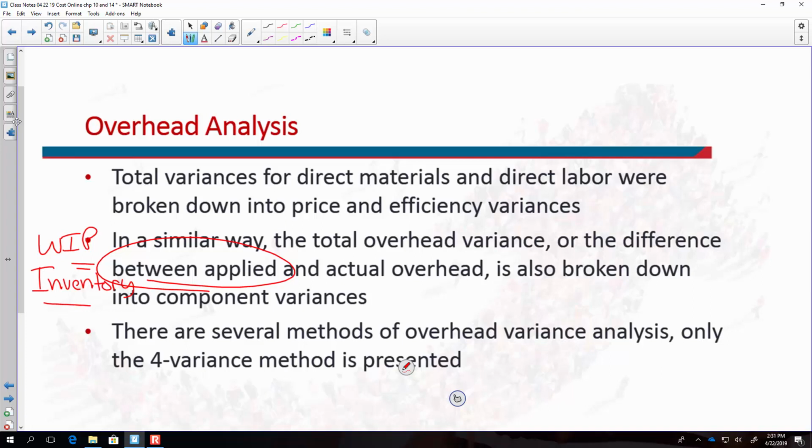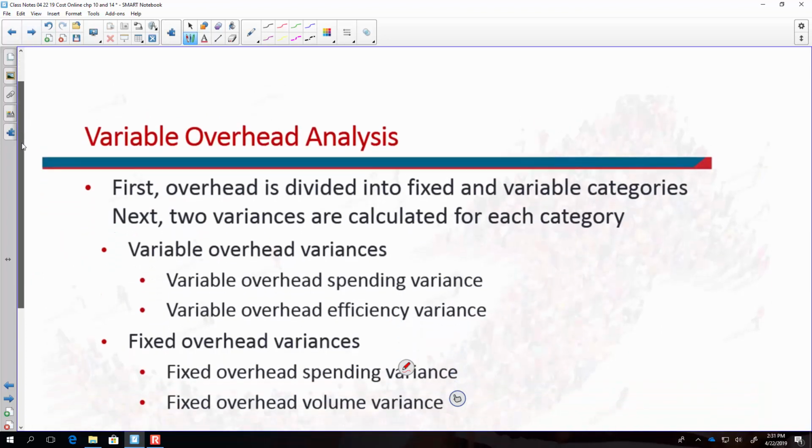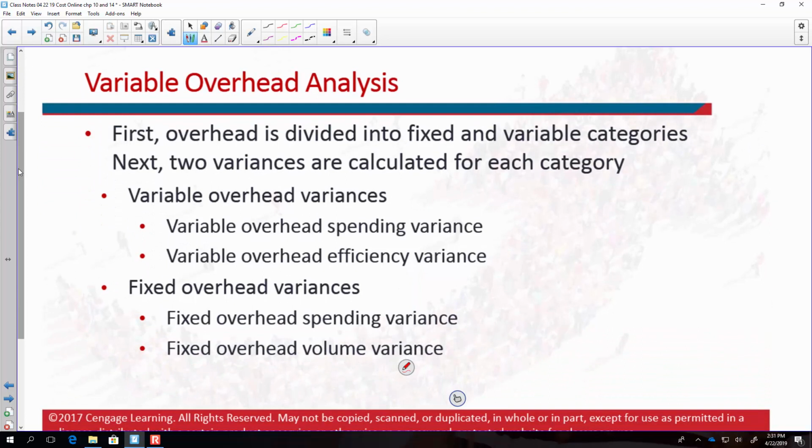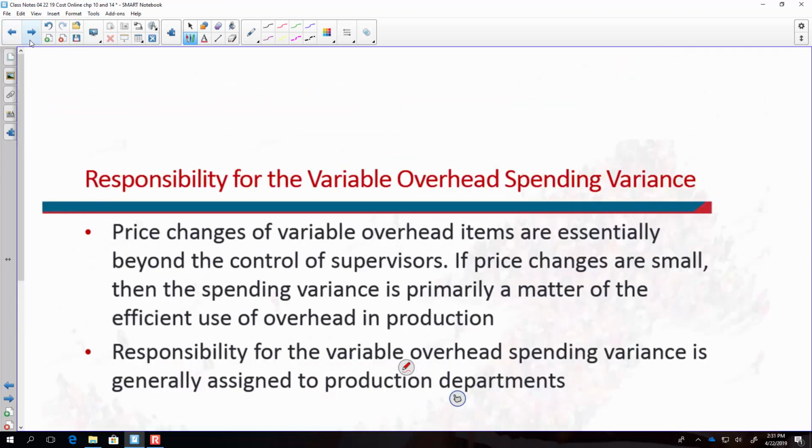So that actually is a standard or budget amount, that applied overhead, that predetermined overhead rate. So I show the variance names here. This is listed on page 543. And we'll cover those in our templates like I mentioned.